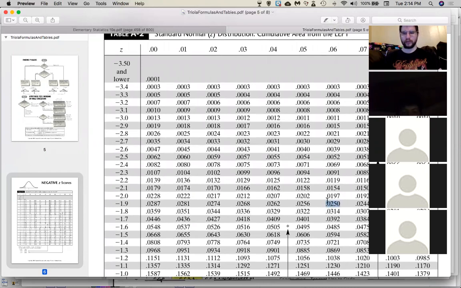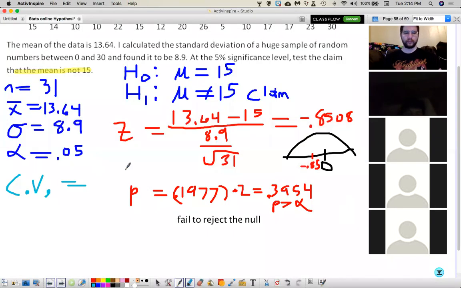Right here, 0.025. Two-tail, alpha gets cut in half. So negative 1.96 and 1.96. And that's going to be out here and over there. Shade it. The test statistic is not in the critical region, so we fail to reject the null.